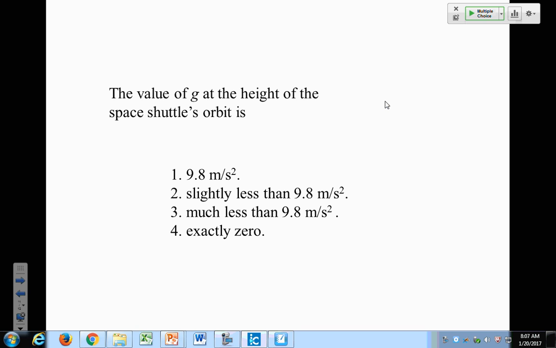Remember, because g is equal to GM over R squared, we derived that. We said that mg is equal to GMm over R squared, and just solve it for little g. This is sort of what we call our gravitational acceleration, the acceleration that you would experience due to the gravitational field. Now, in the space shuttle, how do they accelerate due to gravity when they're orbiting?